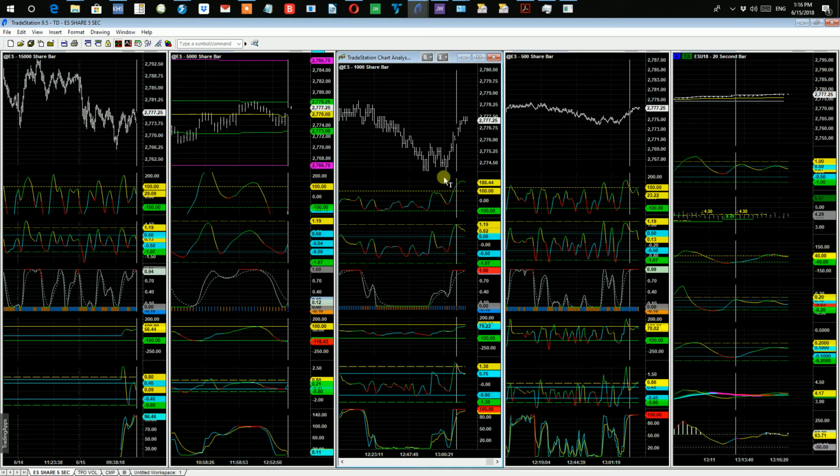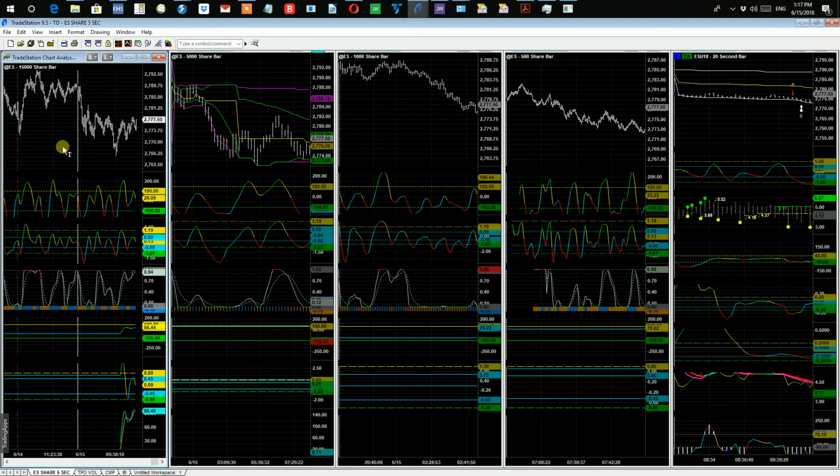So that was your reason for this thing to take off. But the premium says that this is liable to come back down. And that would also tend to agree with what's happening over here on our slower charts.